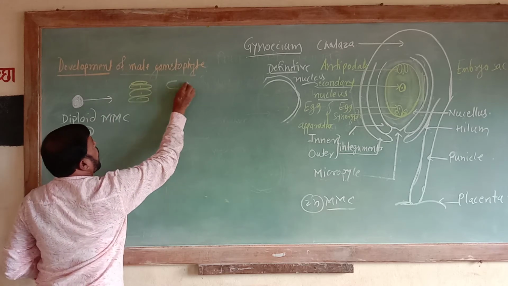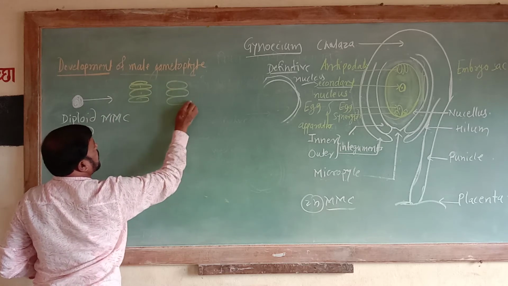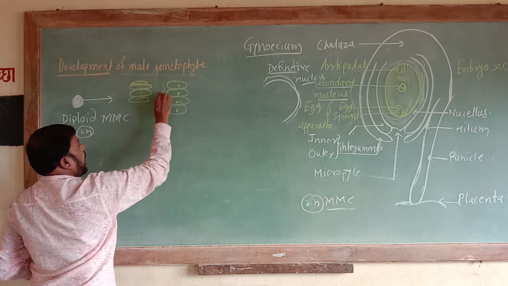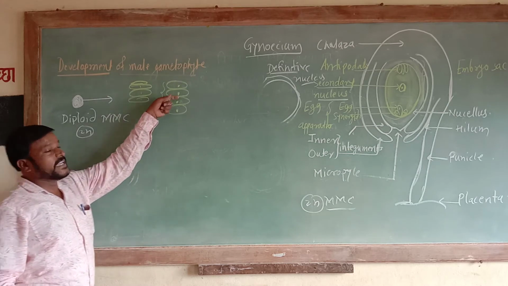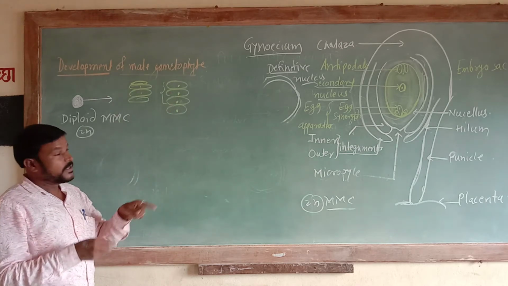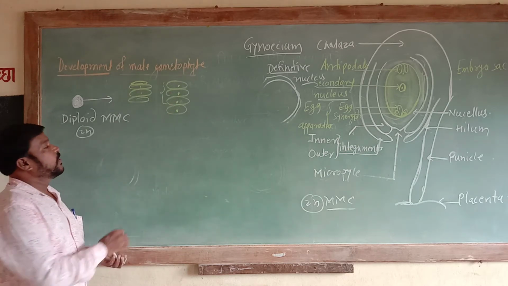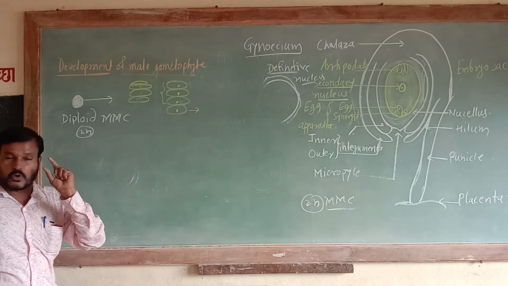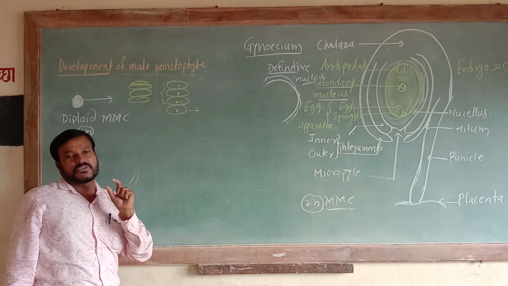That is, 4 haploid cells are produced. Out of those 4 haploid cells, the upper 3 degenerate or abort, and the lower one remains functional. This lower functional megaspore undergoes 3 mitotic divisions.